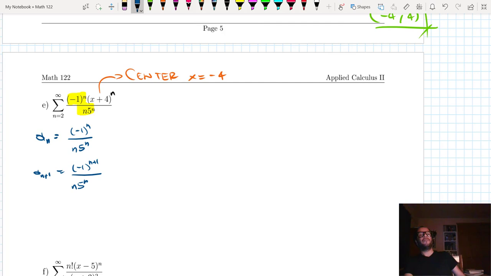Okay. Didn't change the n plus 1. Give me a second. So n plus 1, 5 to the n.